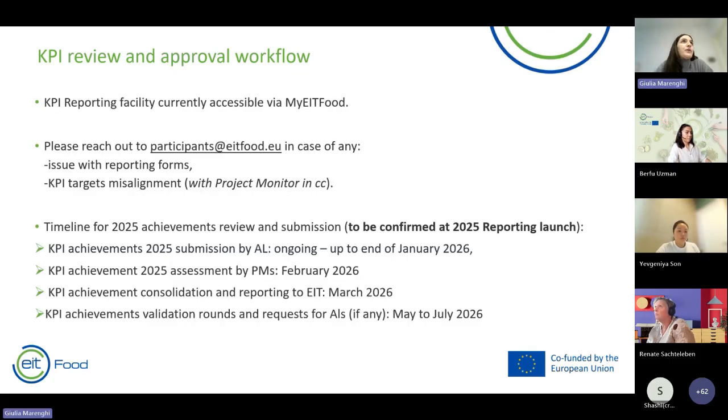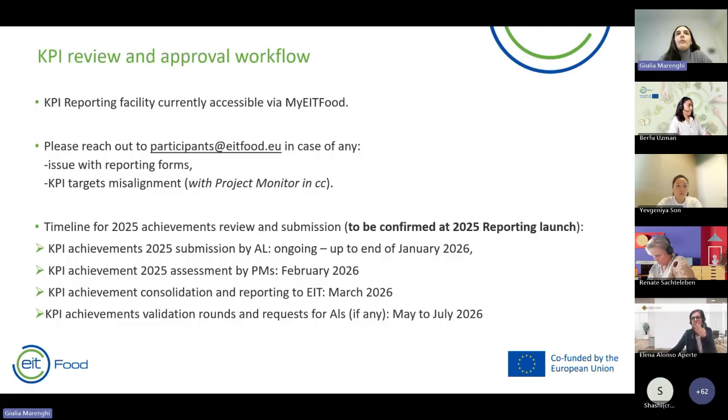So after this deep dive into the approval, I think this is all you need to know for the moment in terms of approval workflow. As mentioned, the KPI reporting facility is currently accessible via My EIT Food.